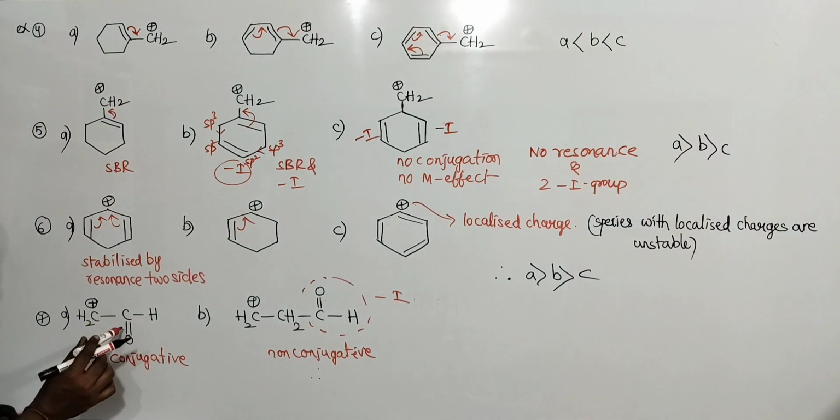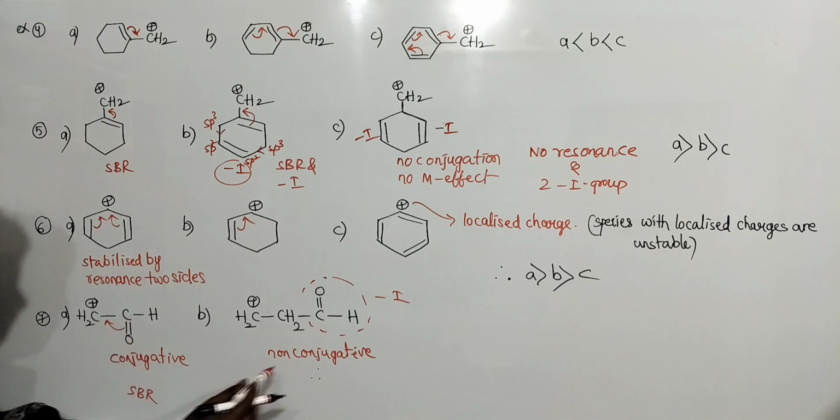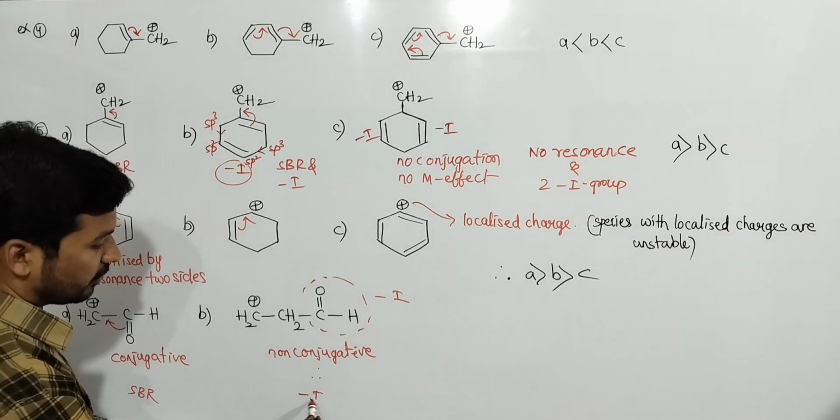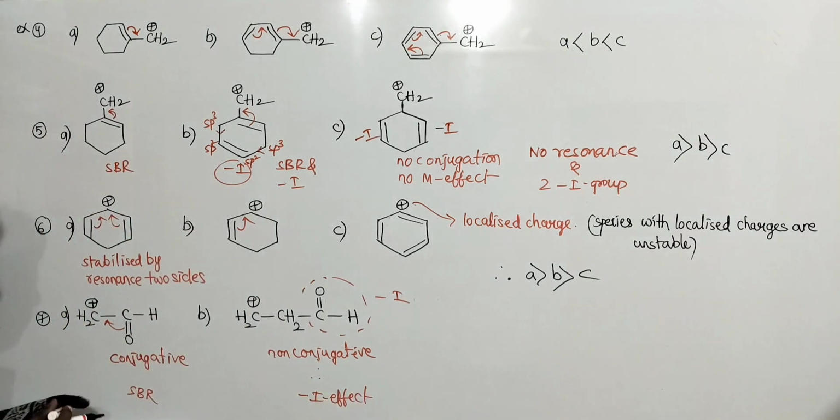Conjugative means stabilized by resonance. This one is stabilized by resonance. This is minus I effect. So the minus I effect is unfavorable for the stability of the carbocation.